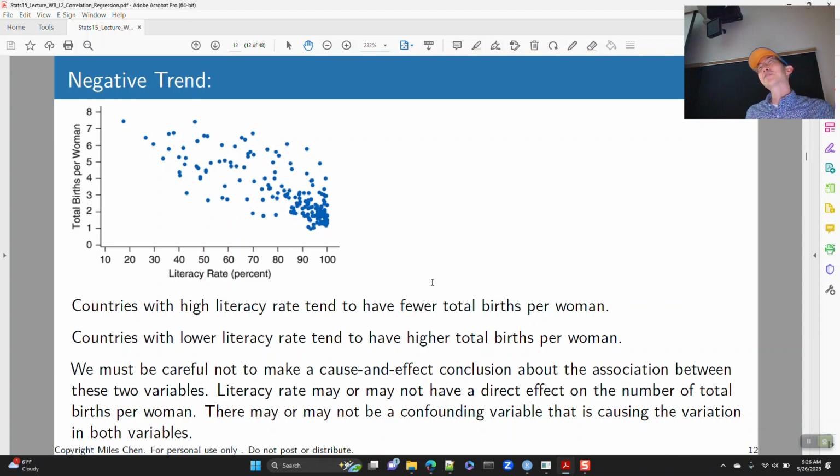Upset is too strong of a word, but in your final presentations, I want you to be careful about what kind of conclusions you're drawing, okay? If you start drawing cause and effect conclusions because you see some kind of relationship in the data, I might ask you a lot of questions about how you came to that conclusion.